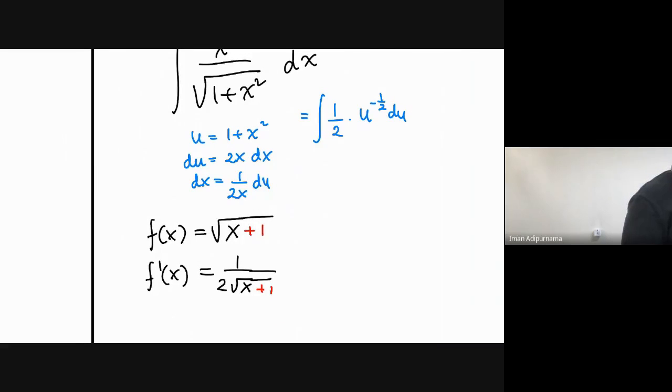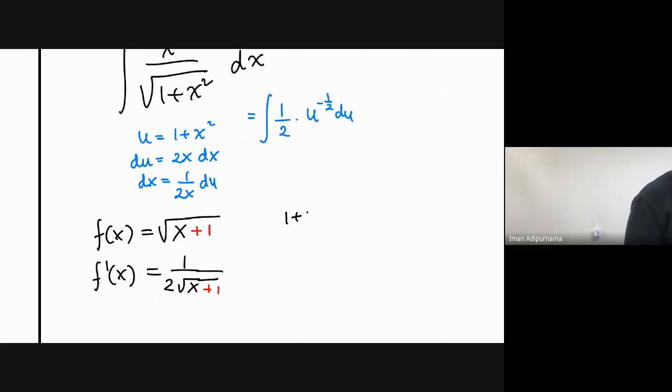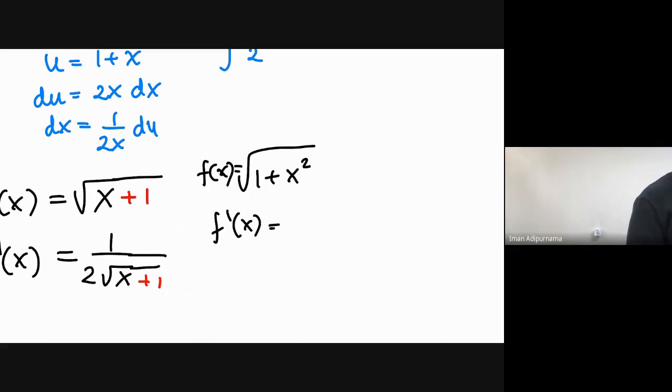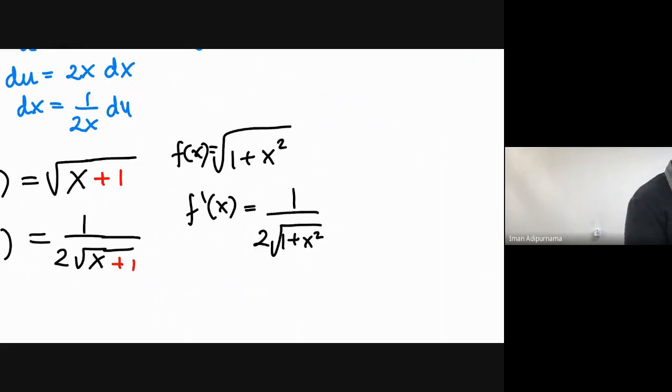Got the idea? So if we have the square root of 1 plus x squared as our function, then f prime is 1 over 2 times the reciprocal root, multiplied with the chain rule, right? And then this is your answer, plus c.